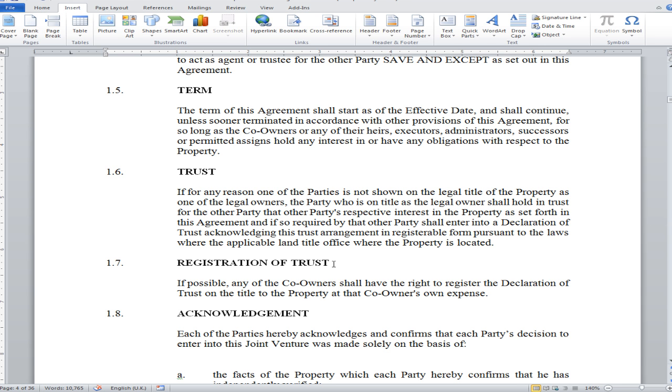Depending on which province you're in, you're going to be talking to your legal advisor and the people that you work with, and you're going to ask, how do I register my joint venture? The registration in British Columbia is different than the registration in Alberta. For example, here, a caveat can only be registered for a finite amount of time in British Columbia, whereas in Alberta, a caveat can be registered for an infinite amount of time.